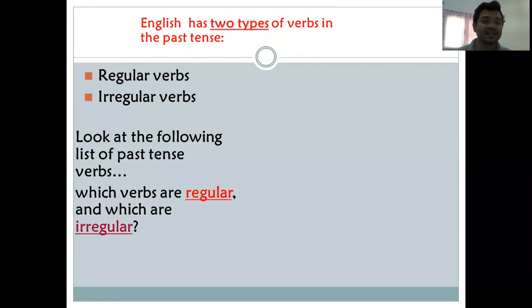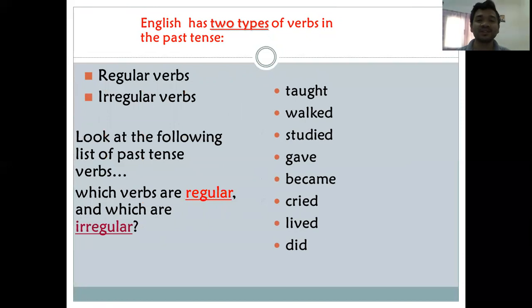Look at the following list of past tense verbs. Which verbs are regular and which are irregular? So we have here taught, walked, studied, gave, became, cried, lived, did. We're going to classify now which one is regular and which one is irregular. Let's get started. Taught, irregular.